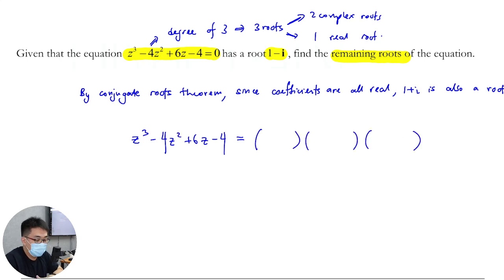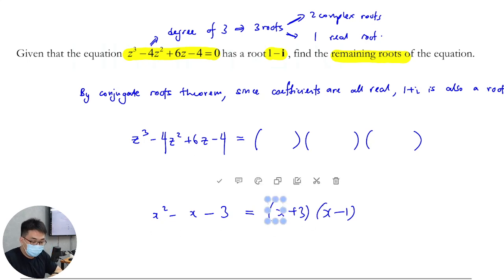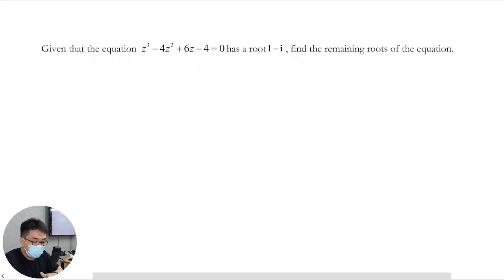Because if this is quadratic, say x squared plus 2x minus 3, this will be x plus 3, x minus 1. So if this is quadratic, you can write it in 2 linear factors, right? If this is cubic, you will expect to write it in 3 linear factors.